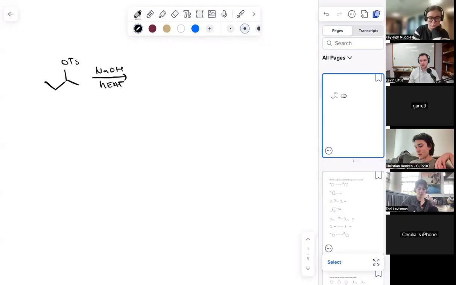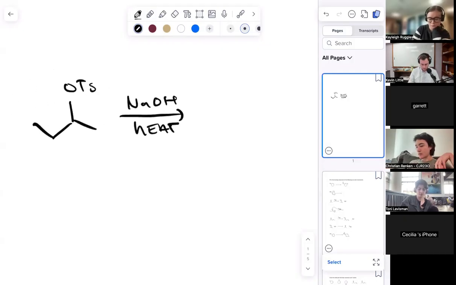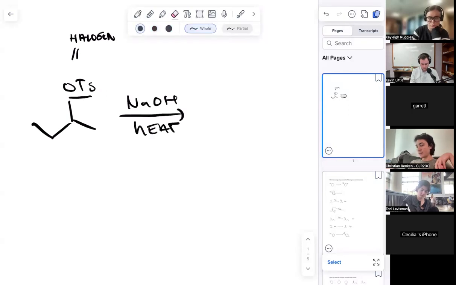OTs look weird, but we talked about that. That is equivalent to a halogen. That's an oxygen equivalent of a halogen. You might see something like that on the test. Ts is just a large group that we put on oxygen to make it a good leaving group. That's all it is.